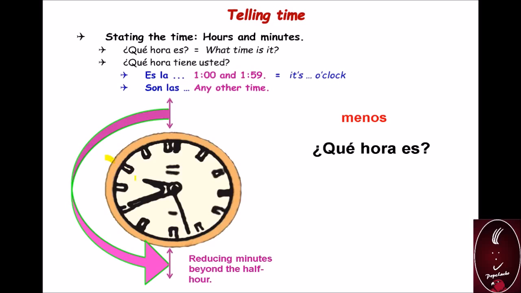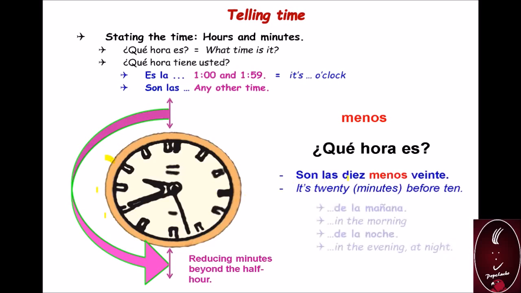The hour that it is going to be is 10. And then how many minutes are we before the hour? How many minutes minus the hour? 5, 10, 15, 20. So the answer is son las 10 menos 20 de la mañana or de la noche.